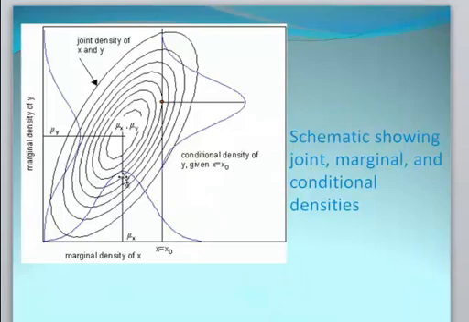So I do like this particular drawing because I think it gives a nice illustration of the difference between marginal and conditional probability densities. So if you look here, pretend this is kind of like a big hill, just like we saw earlier with that peaked function.